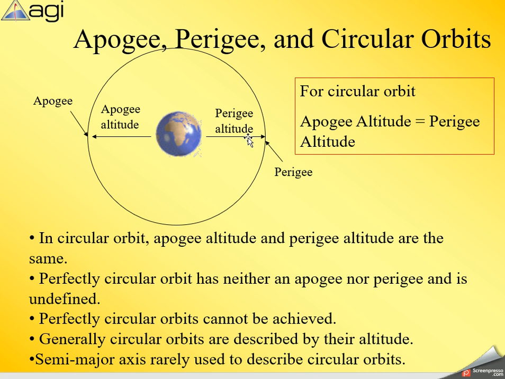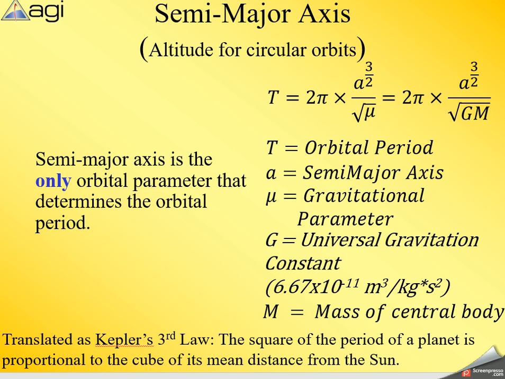If you have a circular orbit, everything is equal. Of course, just like in math, a perfect circle can't be achieved, so you've got at least a little bit of elliptical shape going through there. So how do you figure out the altitude of a circular orbit? Take some information and plug it in.